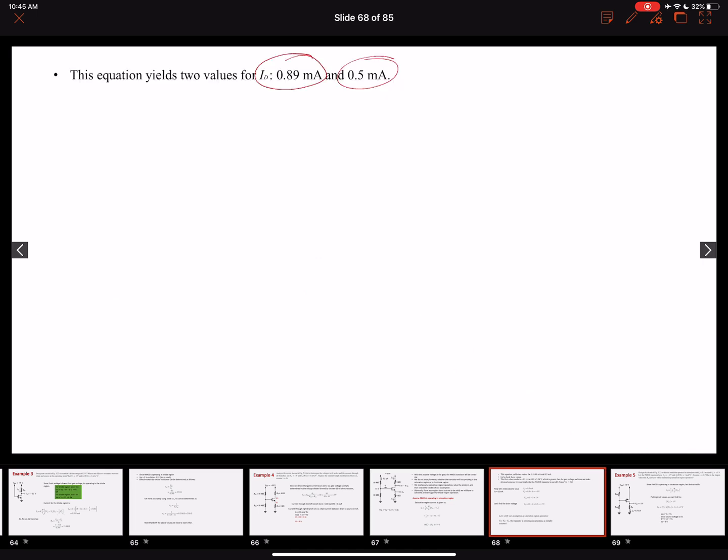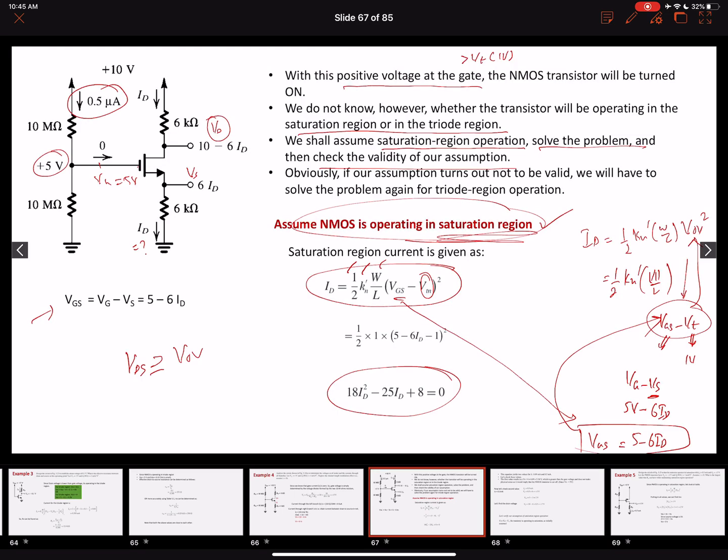So going back over here, this is our first root. We can start with the first root, ID equals 0.89 milliamperes, and let's find the drain and the source voltage values, right? Our VD is 10 minus 6 ID, and VS is 6 ID.